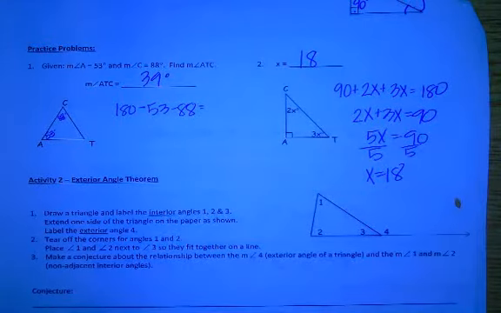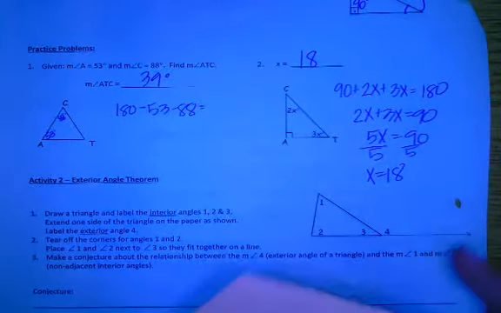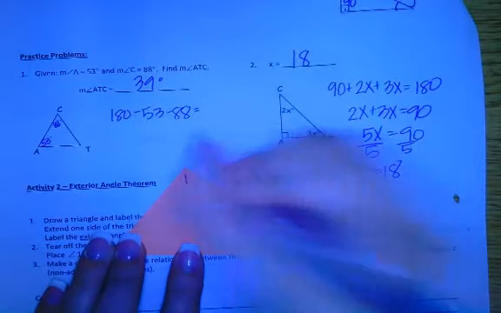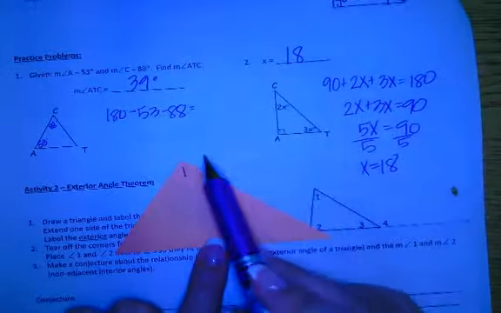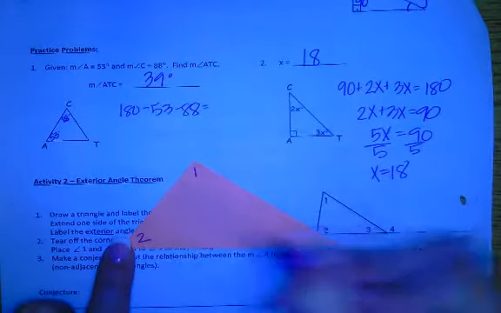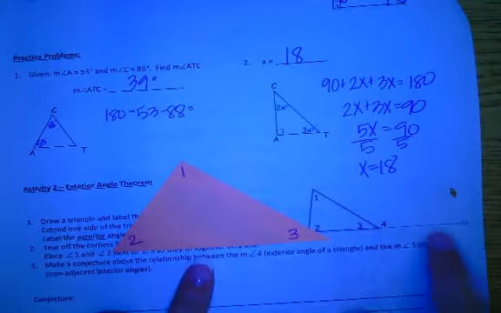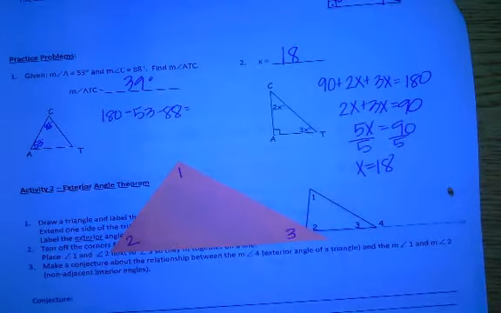Okay, next one. Grab your second triangle. Label your angles in the order that they have them. So 1 at the top, 2 here, 3 here. We're just going to use the straight line that they have here. Now we are going to prove what we call the exterior angle theorem.